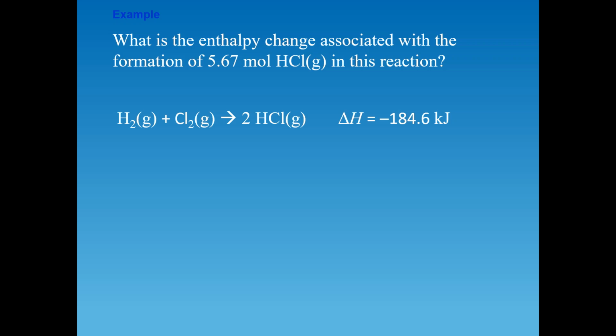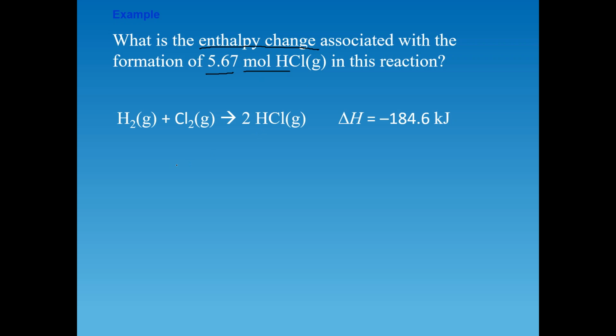So let's look at this example here, just to illustrate that point. They gave you the balanced equation, and they gave you the enthalpy change, and the question says that you have 5.67 moles of HCl that is produced. So the question is asking, what is the enthalpy change associated with this reaction?